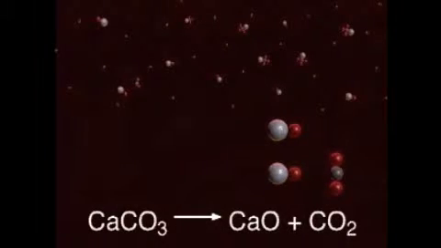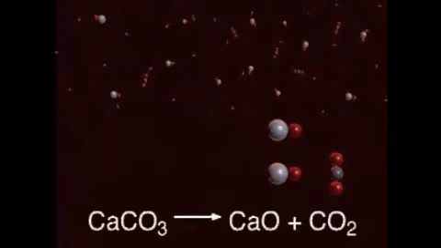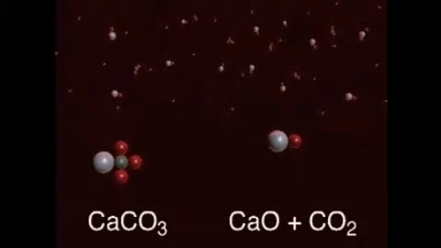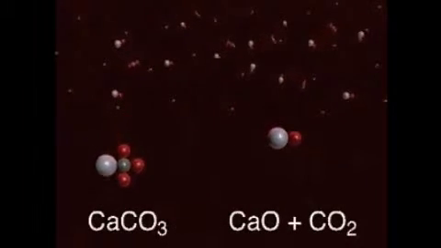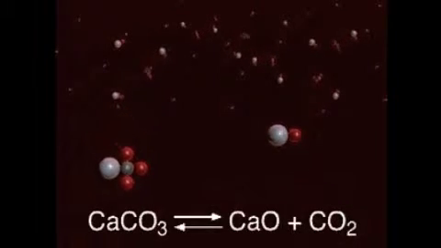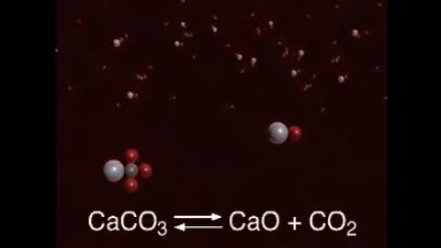As the level of carbon dioxide increases, the reverse synthesis of calcium carbonate will again begin. Eventually, the decomposition reaction rate will equal the synthesis reaction rate, and equilibrium will be reestablished. But because some of the reactants were removed, the equilibrium has shifted.